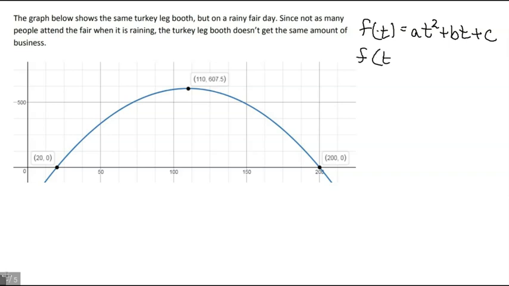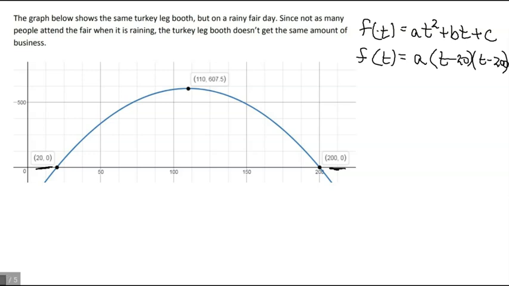I know that this is the standard form, what I first wrote. I'm now going to write the factored form of the equation. And I know that the two binomial factors represent my x-intercepts. And so my first x-intercept is at 20, and my second one is at 200. So I know that my binomial factors have to be t minus 20 and t minus 200.